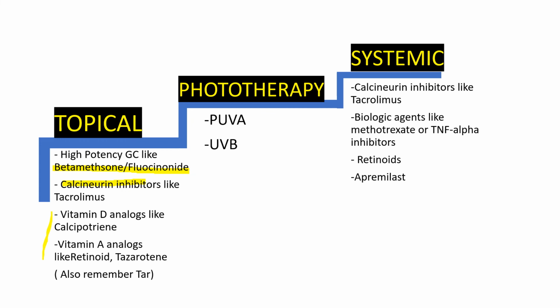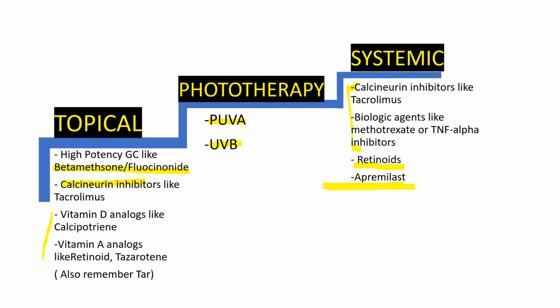Now for phototherapy, we can give PUVA or UVB, and for systemic, immunosuppressants like calcineurin inhibitors, tacrolimus, biological agents like methotrexate or TNF alpha inhibitors, or oral retinoids. And as the last, you can remember like last, apremilast.